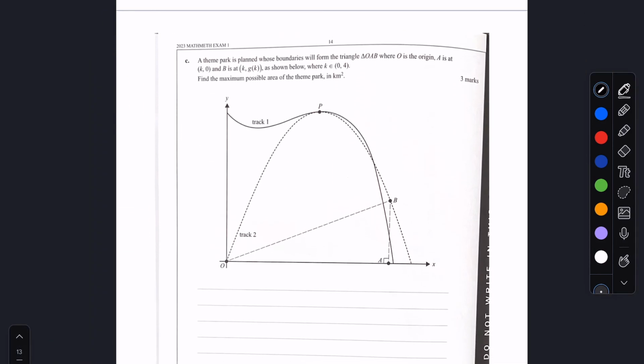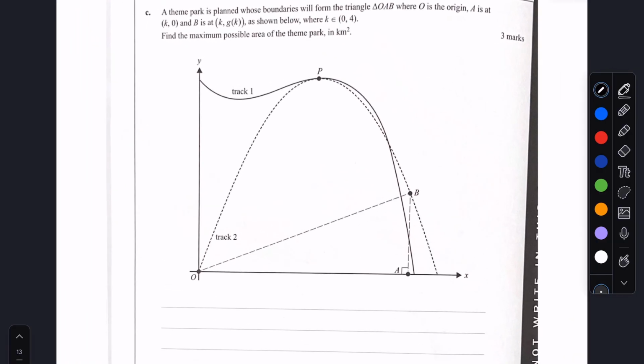Last question. A theme park is planned whose boundaries will form the triangle OAB, where O is the origin, A is at (k, 0) and B is at (k, g of k) as shown below. k is between 0 and 4. Find the maximum possible area of the theme park.